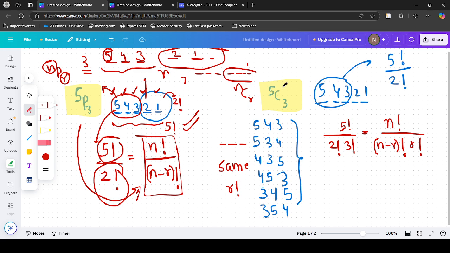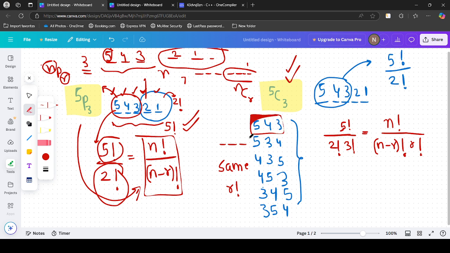And now coming to the second one, nCr. nPr is the total number of ways in which you can arrange. But nCr is the total number of ways without considering the order. For example, similarly 5C3: the value of 5P3 is 5 factorial by 2 factorial. To find 5C3 from this, we can arrange the selected 3 numbers in any order.